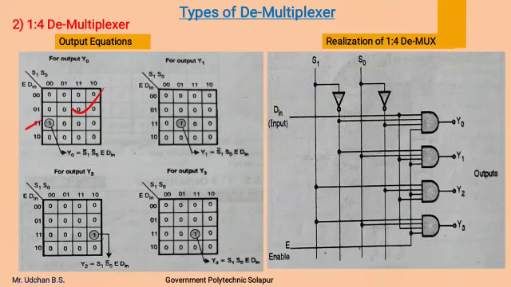So 1100 is over here, so we will get the cell position, this one is entered over there and remaining cells contain zeros. So for that, the term will be S1 bar, S0 bar, E D in, where S1, S0 are horizontally.